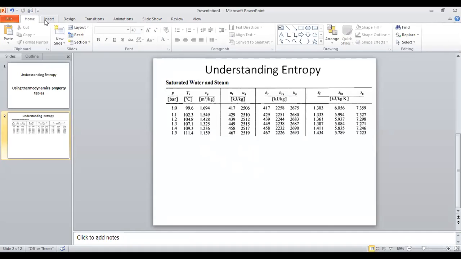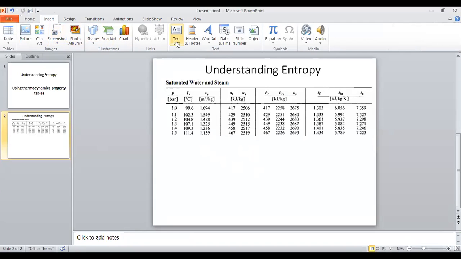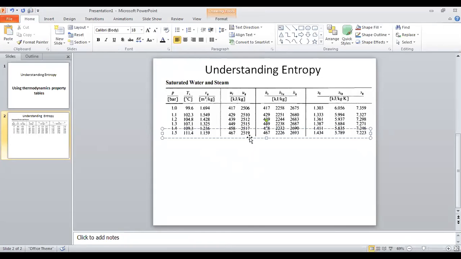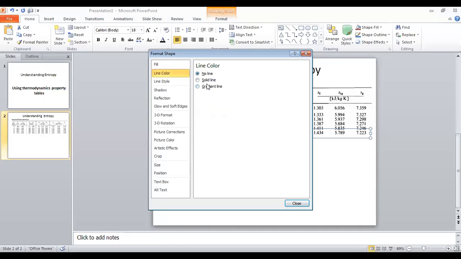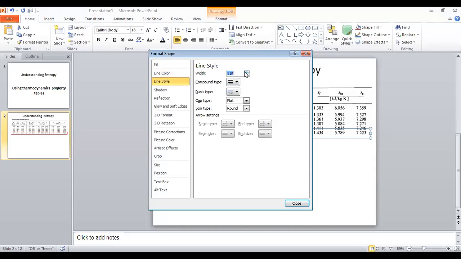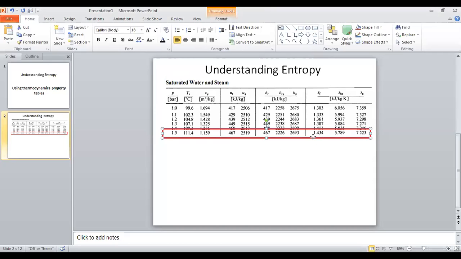So here, if we take a line of data, let's say P as 1.5.